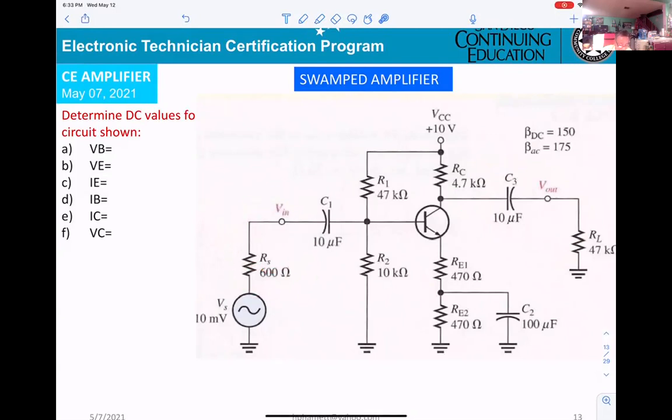When you're doing your calculation, for the amplifiers, what does AV equal? Voltage gain.